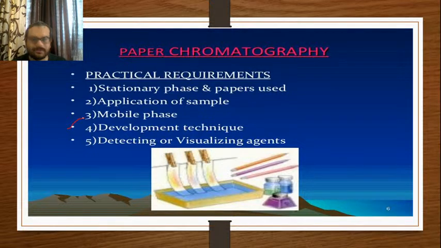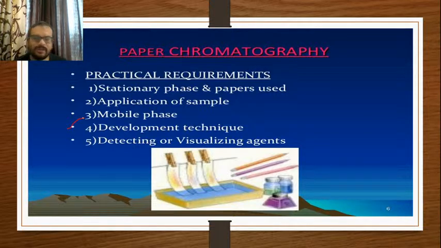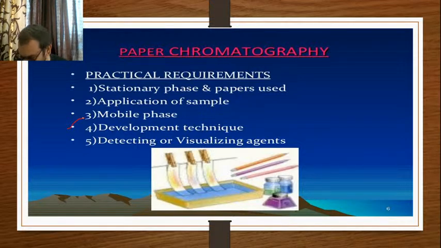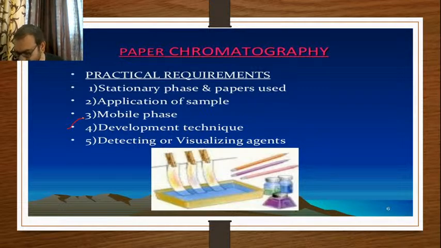What is the basis of selection of mobile phase or the choice of solvent? How paper chromatography has its various developmental techniques: it may be ascending chromatography, descending chromatography, ascending-descending chromatography, radial chromatography, then two-dimensional chromatography. And how you are going to detect or visualize the separation. Okay, so this is the basis of your practical requirements.